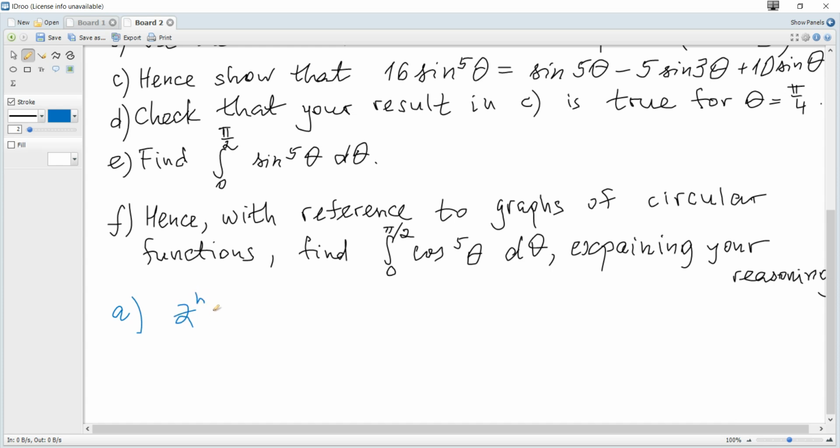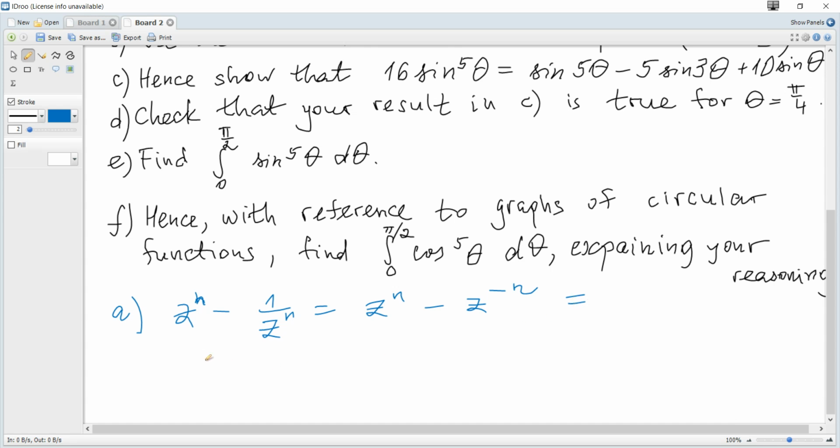To get z to the power n minus 1 over z to the power n, we represent 1 over z to the power n in the numerator, which is just z to the power of negative n.